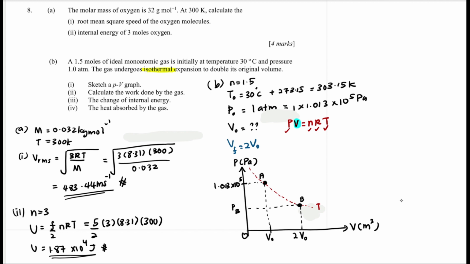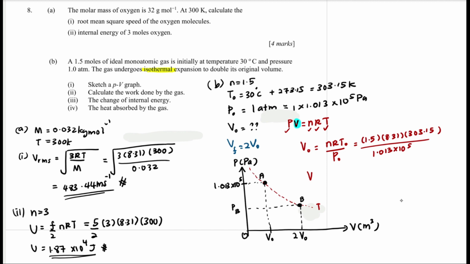Okay, if you want to calculate V0, let's say you want to calculate. So it will be V0 is equal to nRT0 over P0. So it will be 1.5 times 8.31, and then the temperature is 303.15, over P0 which is 1.013 exponent 5.